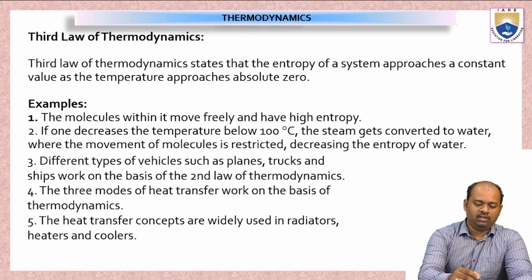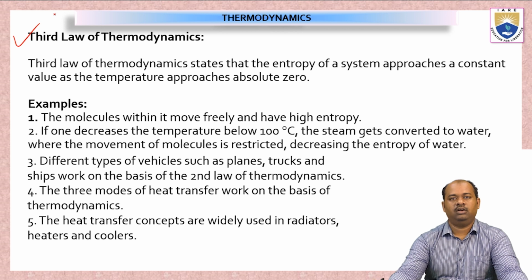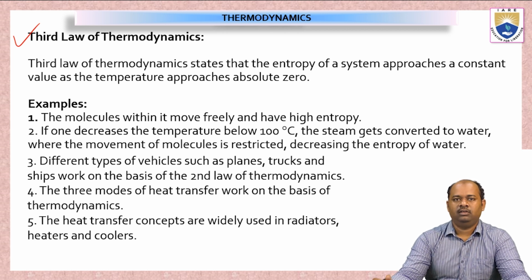Now we'll see what the third law is and how it is used in the outside world. The third law of thermodynamics states that the entropy of a system approaches a constant value as the temperature approaches absolute zero. In the previous lectures, we have seen what absolute zero temperature is.